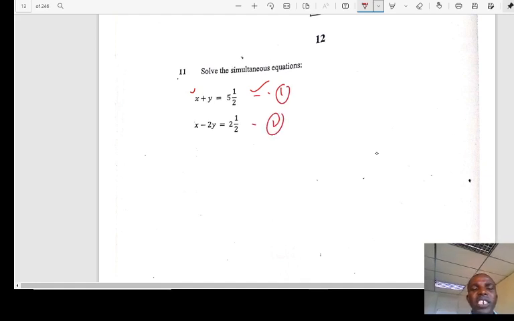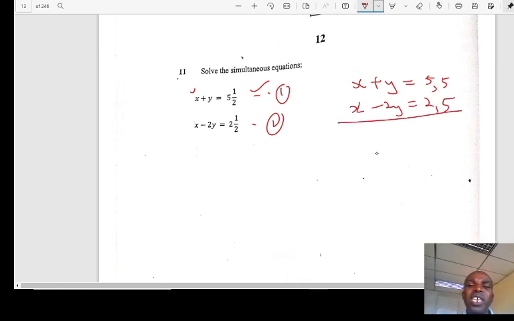So to use elimination, on the first equation, you just write x plus y is equal to 5.5. Then x minus 2y is equal to 2.5. So that is easy to subtract here. X minus x, you eliminate x.